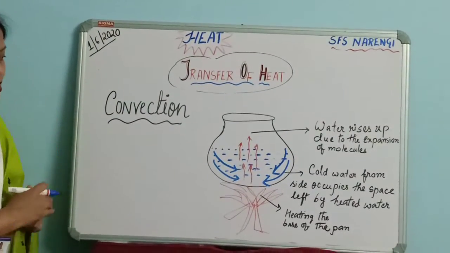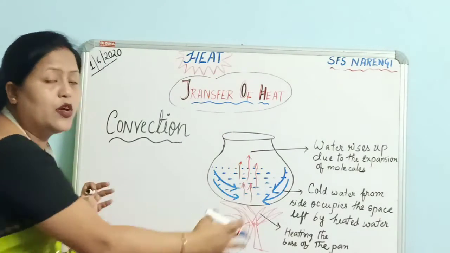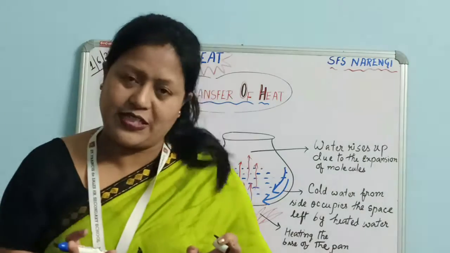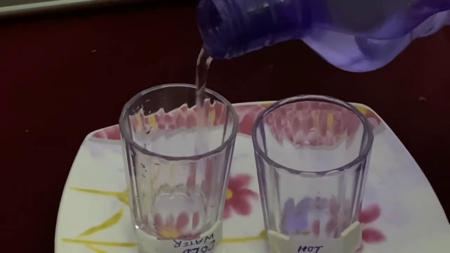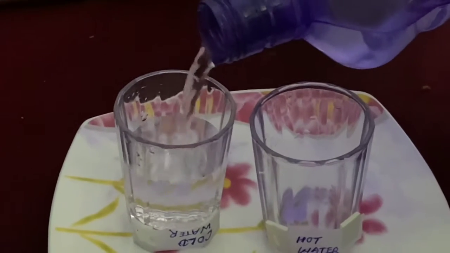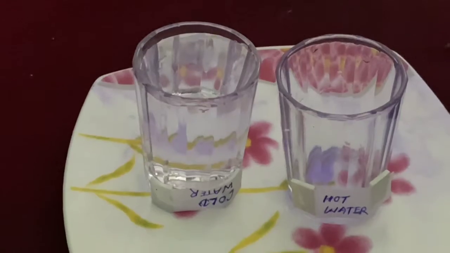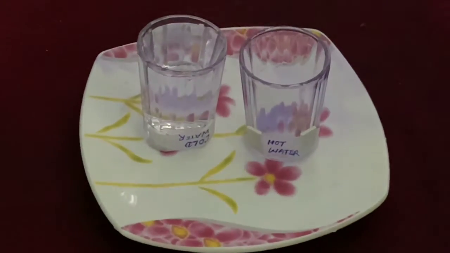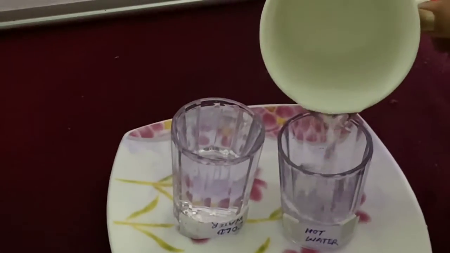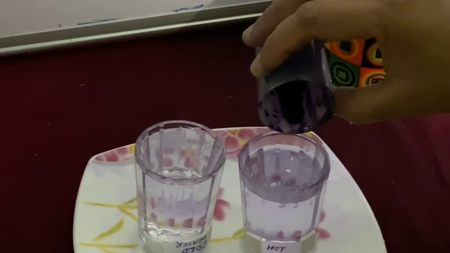Clear, students? To understand and show this process, we shall now do one activity. Let's enjoy. For this, we have to take cold water in a beaker, and then hot water. Then we'll add some color to it.